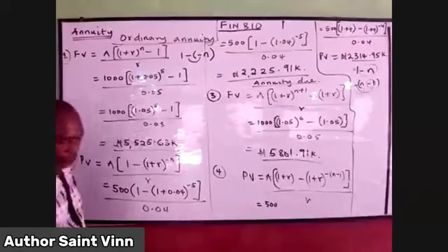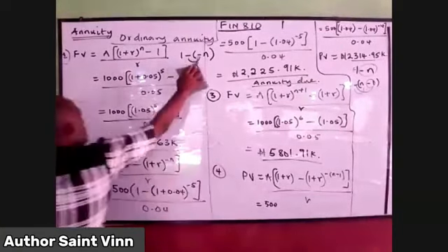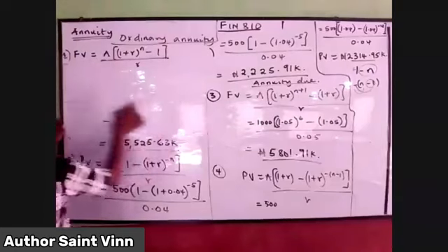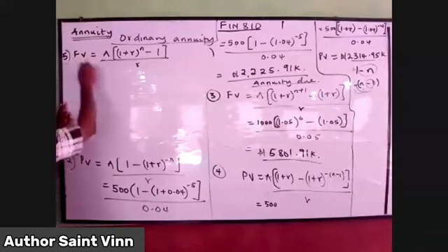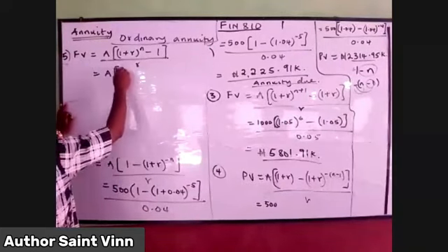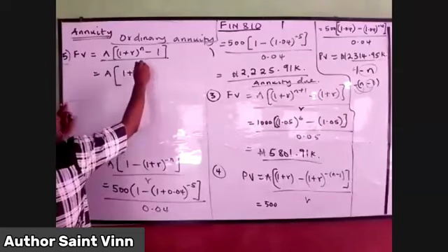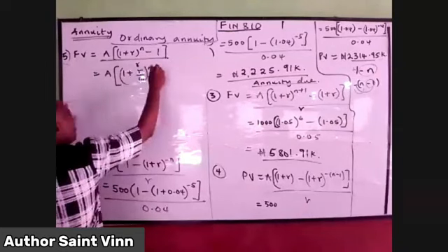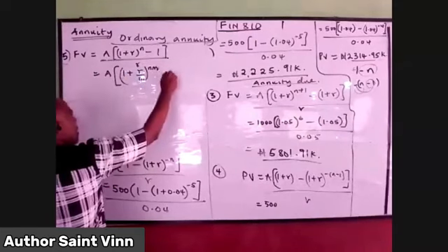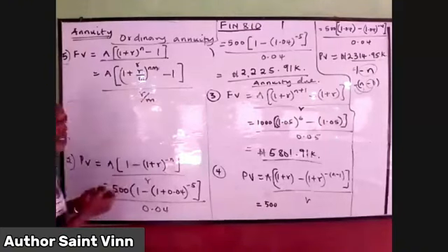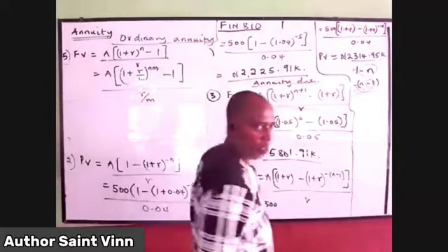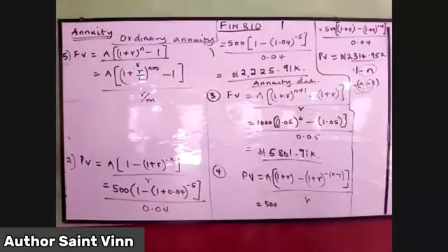So let's see. The formula of A is number 5. So it's going to be A into 1 plus R over M, all raised to NM, minus 1, all over R divided by M. That's the formula to use because it is going to be compounded daily, since the money was paid daily.